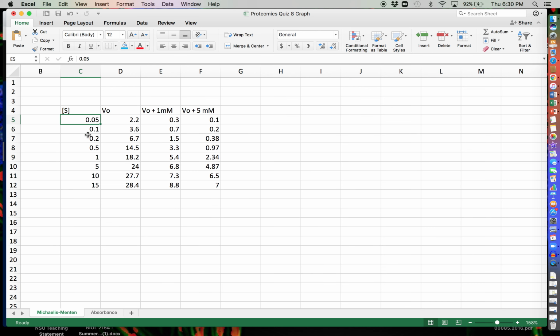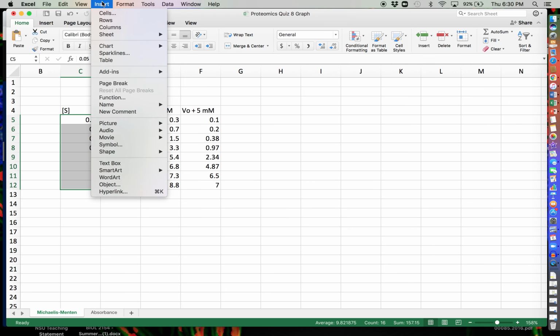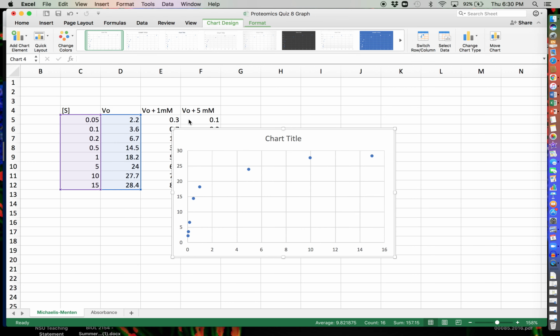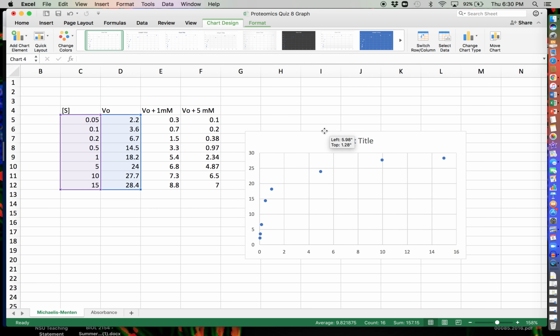Okay, so we want to first create a Michaelis-Menten plot here, so we're going to do the exact same thing. We are going to create a chart, XY scatter, boom, you should get something that looks like this. It is not a linear plot. This is a hyperbolic plot.